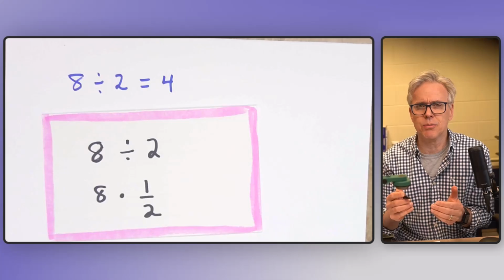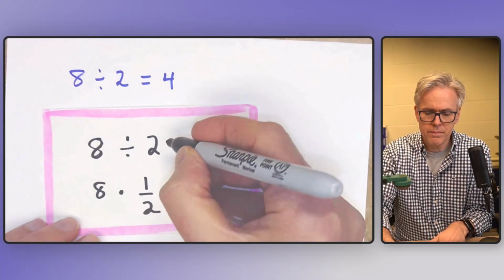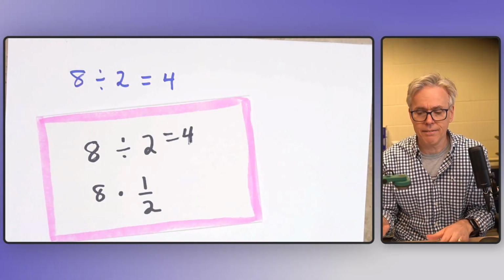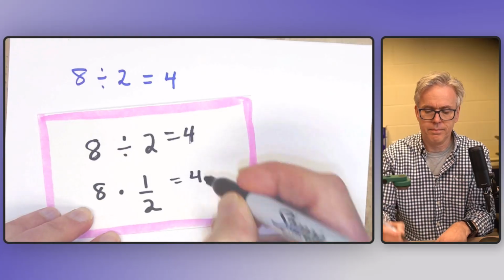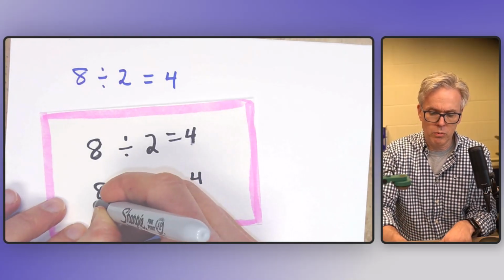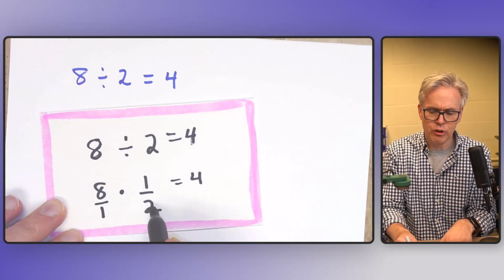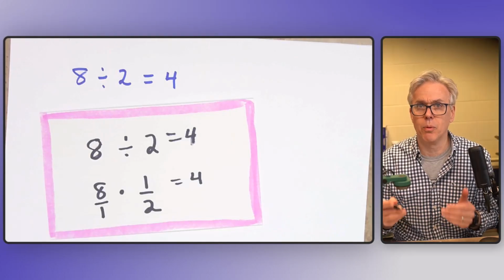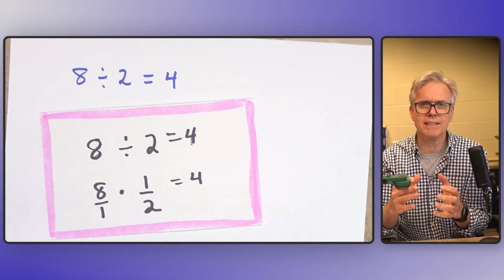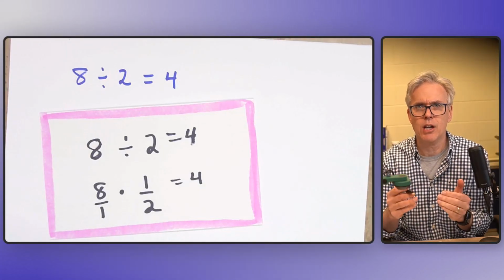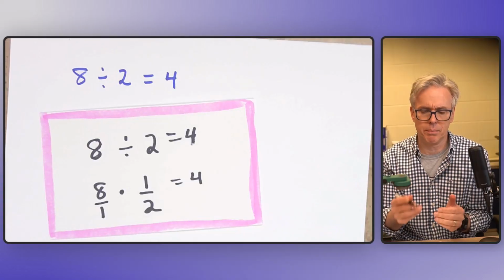That makes sense: 8 divided by 2 is 4, and 8 times 1/2 is also 4. When we do our fraction, 2 goes into 8 four times, 1 times 4 is 4.